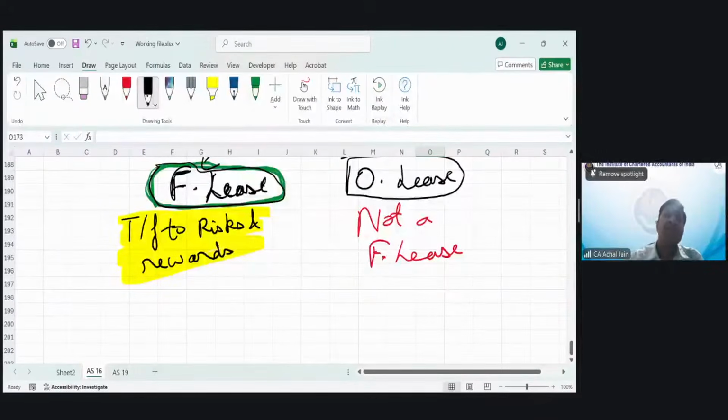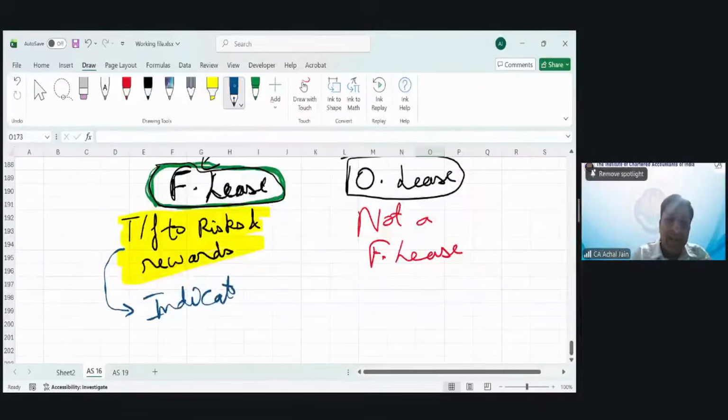So for this, the standard gives us some indicators. Now, please understand, these are indicators which will help you decide whether there is a transfer of risk and reward substantially or not on the basis of those indicators. So if you have to do this exercise of assessment of whether a lease is a finance lease or not, you can take the help of those indicators.